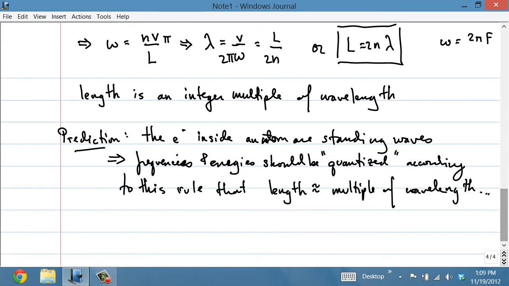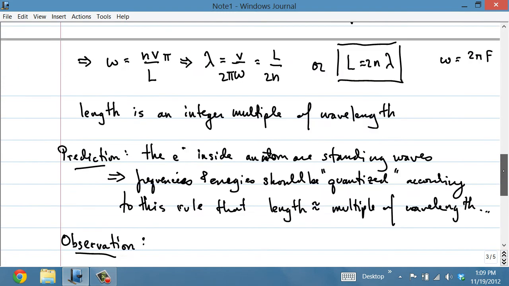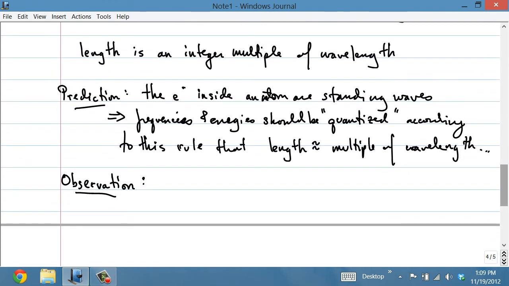Indeed, one of the most striking observations that came out of the studies of radioactivity in the early 20th century was that the energy levels that the radiation from various sorts of atoms, various gases made up of atoms, exhibits properties that are indeed precisely analogous to this.